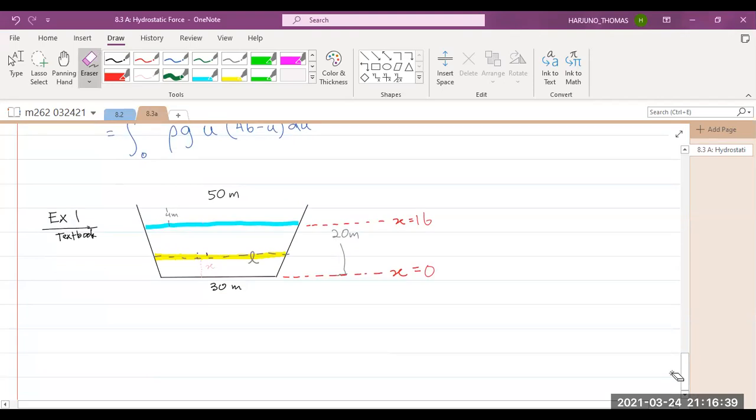Let's start. Now we have this setup here. We want to find, for a given x, what is the depth?